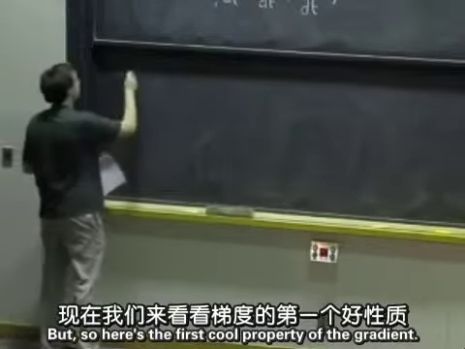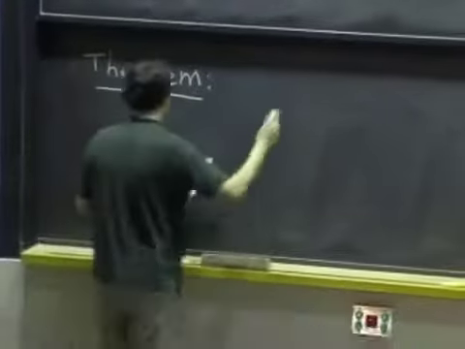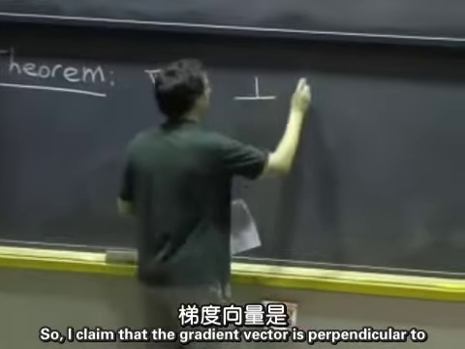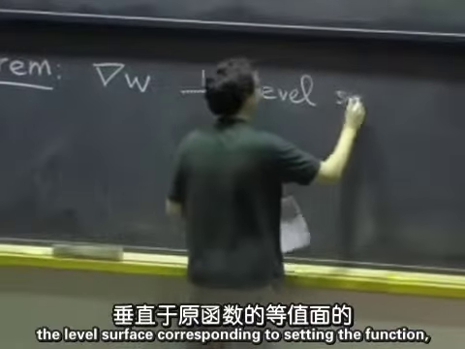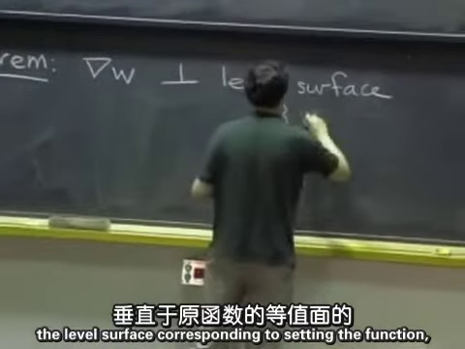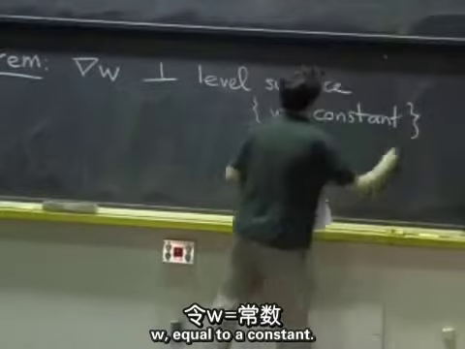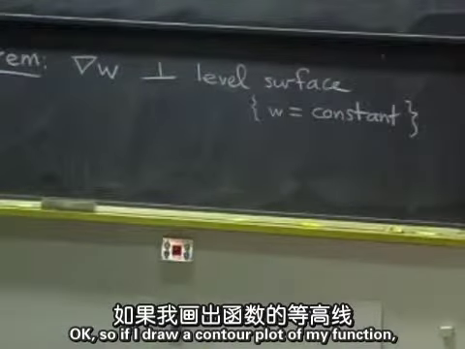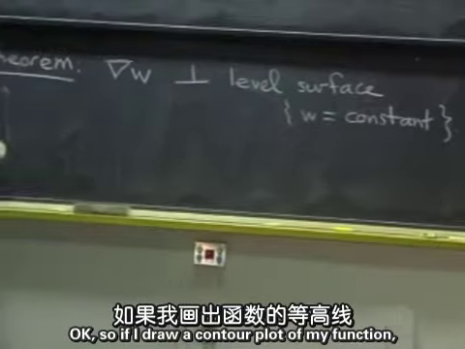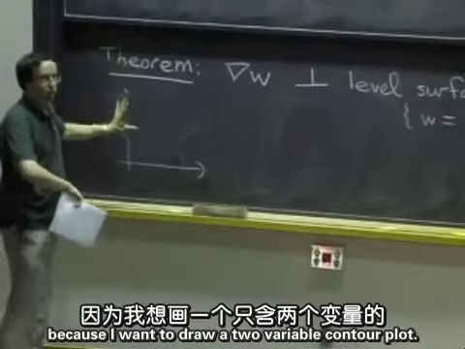But here's the first cool property of the gradient. I claim that the gradient vector is perpendicular to the level surface corresponding to setting the function w equal to a constant. If I draw a contour plot of my function, I'm going to forget about z because I want to draw a two-variable contour plot.